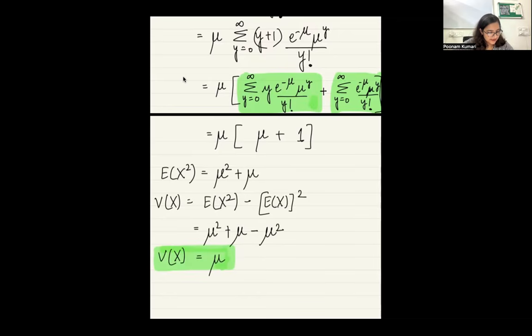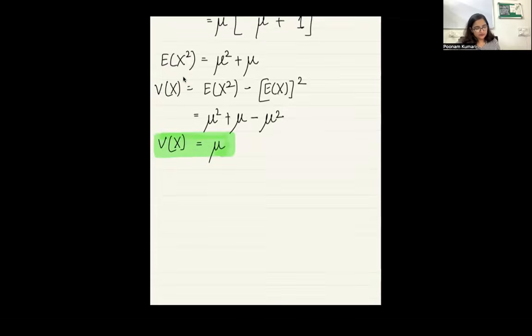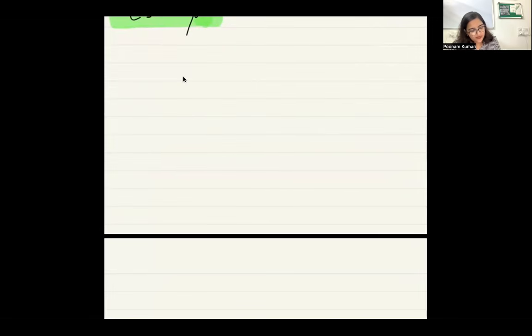Just one small thing. Your Poisson distribution can approximate. So basically, you remember the binomial distribution?